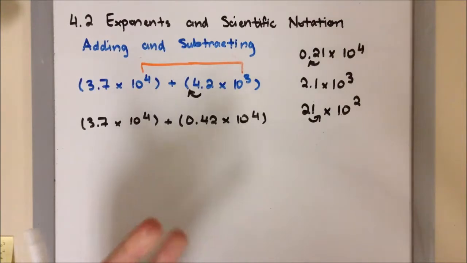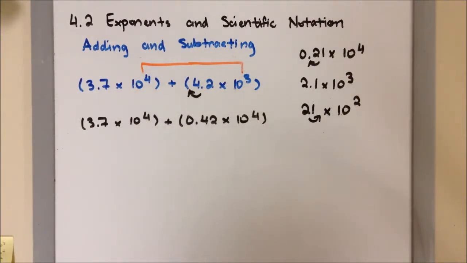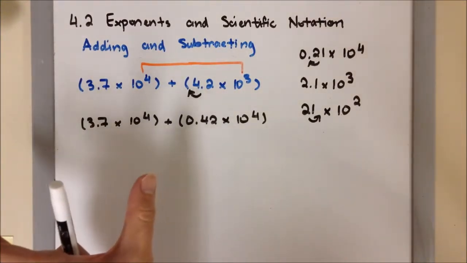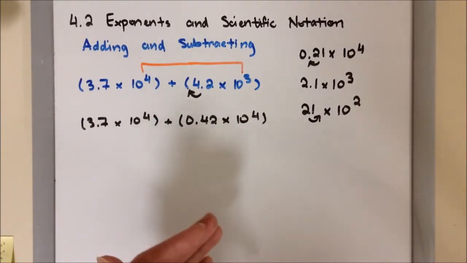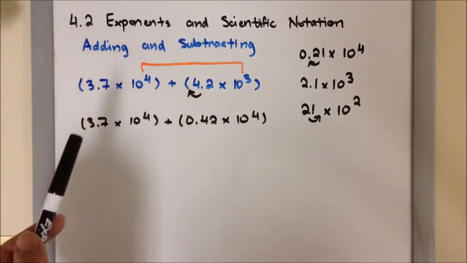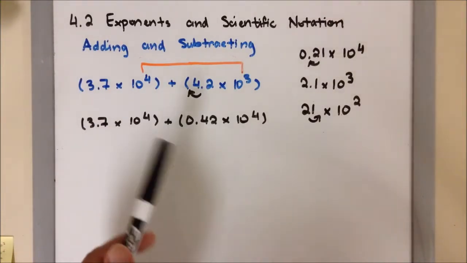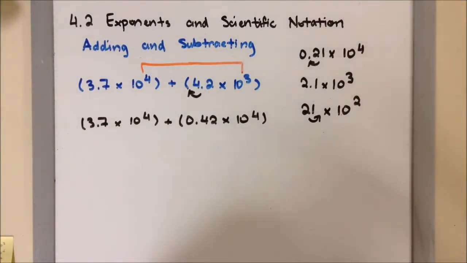Now, you could convert into standard notation. It's just you're going to have a long number and you have to add them together and then convert back into scientific notation. Whereas this method is for you to continue working in scientific notation, and it helps you not work with big numbers.